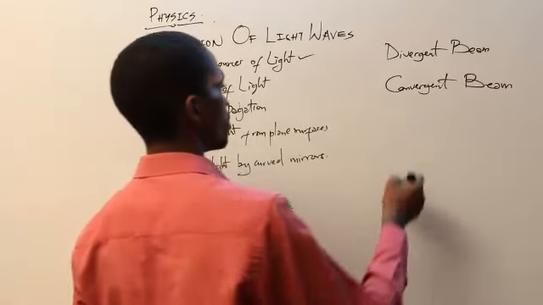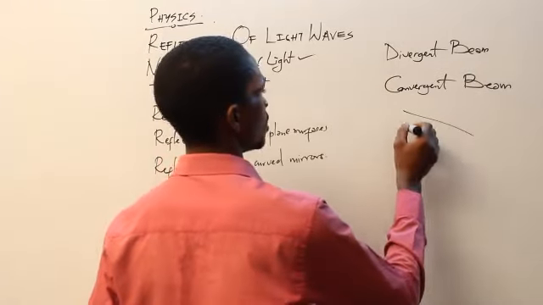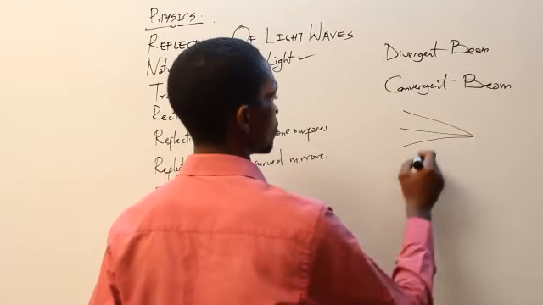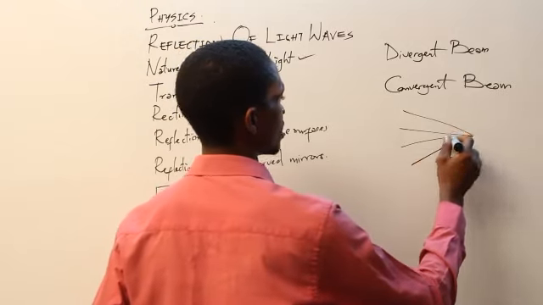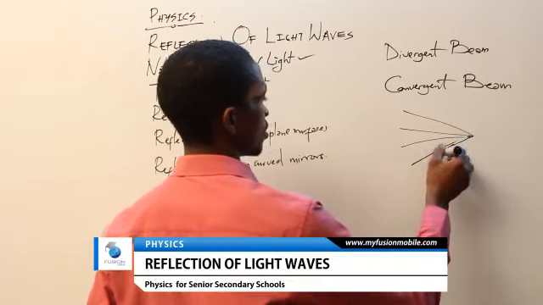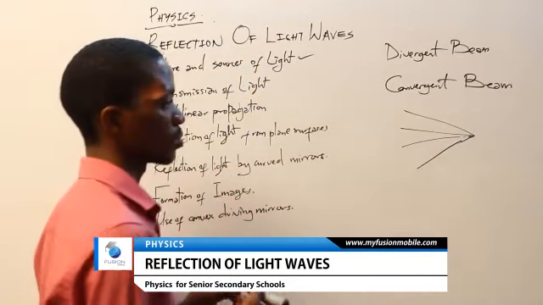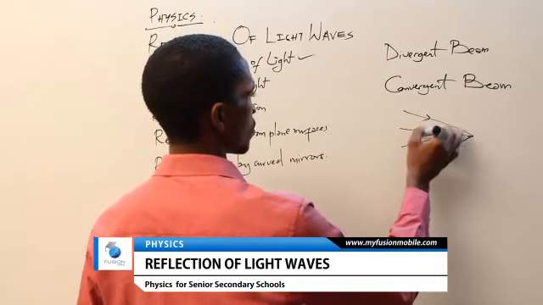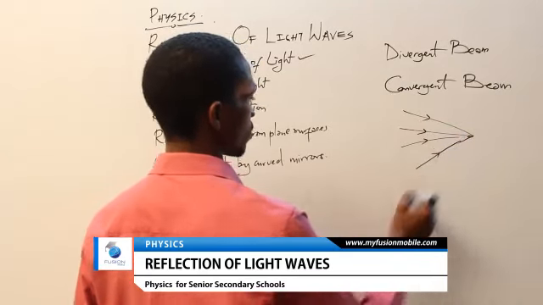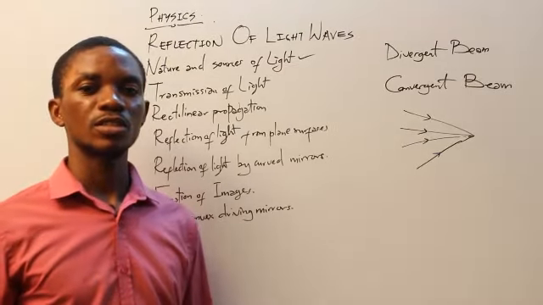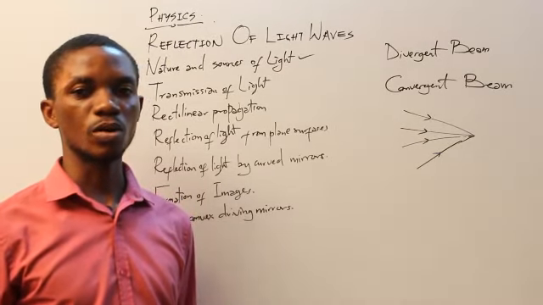In the convergent beam, instead of the lights scattering abroad, the light is gathered to one point.